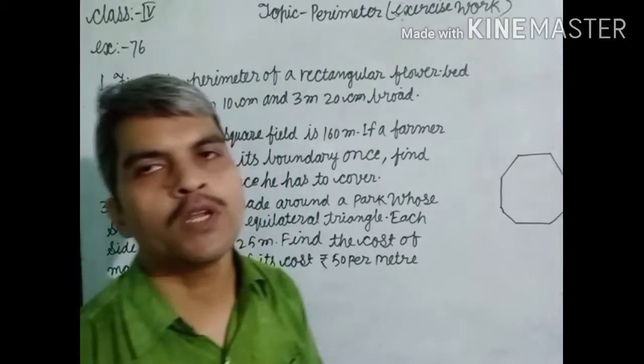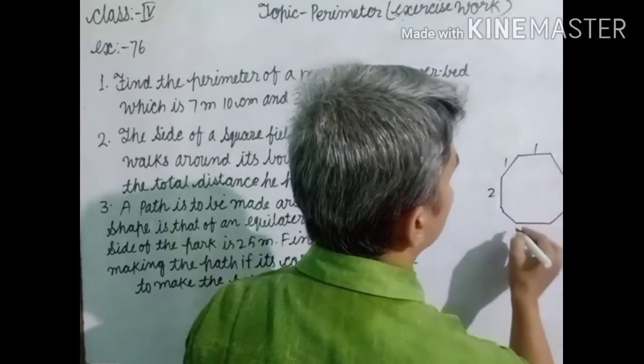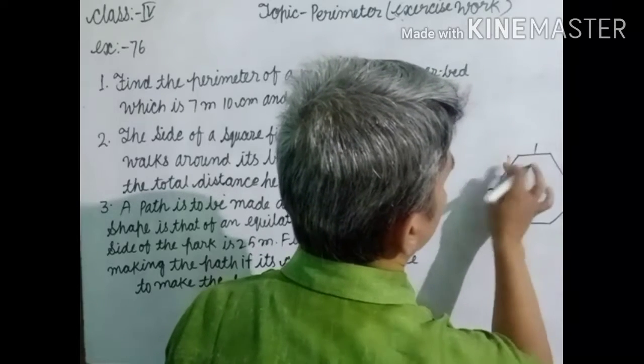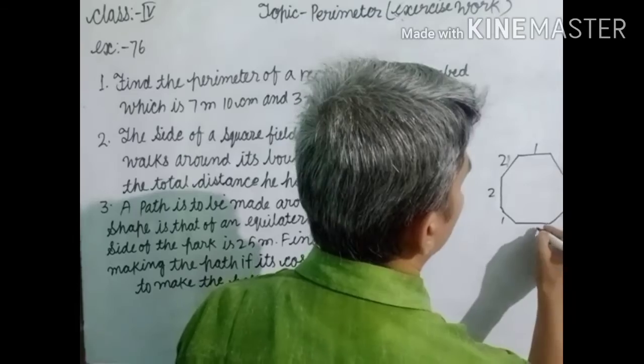How to find out the total length of the boundary? Suppose this is 2, 1, 1, 2. Here 2, 2, 2, 1, 1, 1.